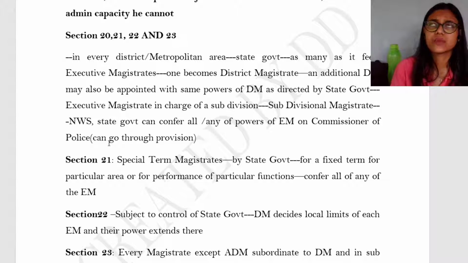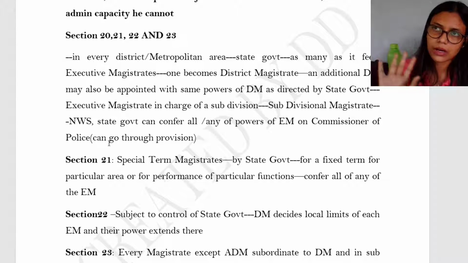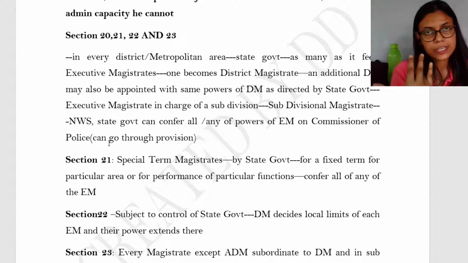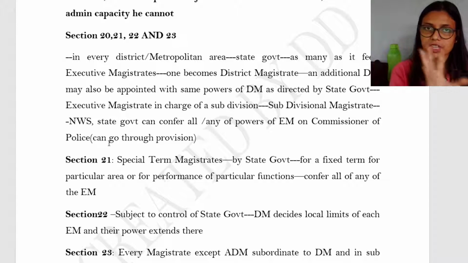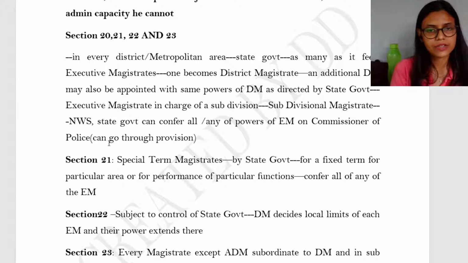Then what is section 22? Section 22, again, as I said, just because a particular authority is being given autonomous powers does not mean that it has total autonomy. It is always subject to somebody's control. So in the case of a DM, where he has a power to decide the local limits of each executive magistrate, etc., he'll be subject to the state government's control.